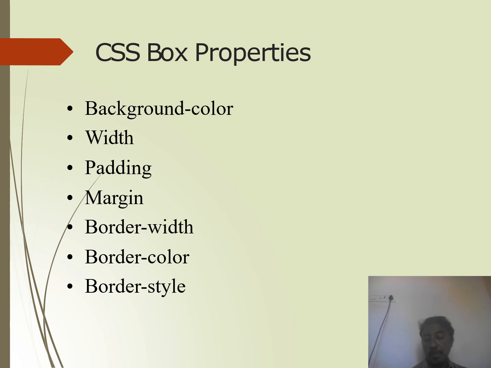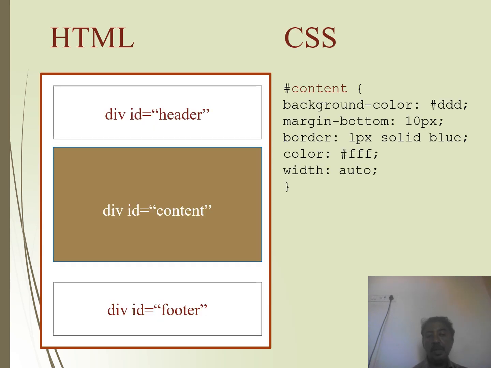First, background color. We know that in the back side of the screen, in the background, whatever color we want, we design each and every image or slide with it. Therefore the syntax is background color colon, then hash, then the color code, then semicolon, then margin bottom.